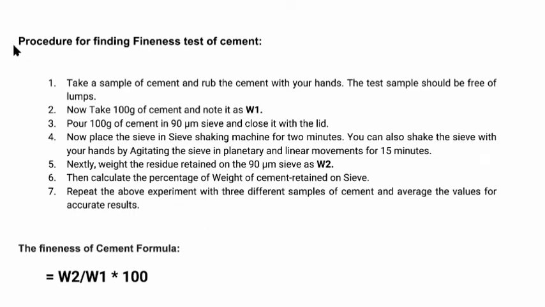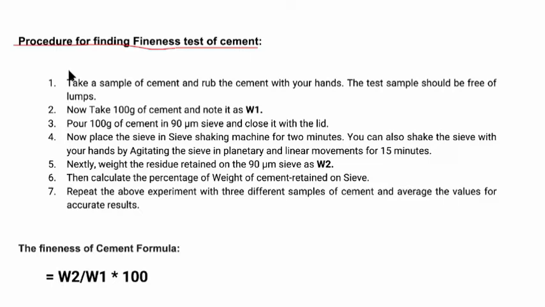What is the procedure for finding fineness of cement? First step is to check for lumps present in cement. There should not be any lumps in the cement. Take 100 gram of cement and note the weight as W1.